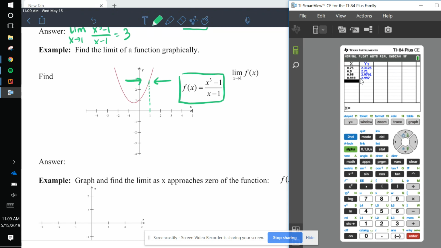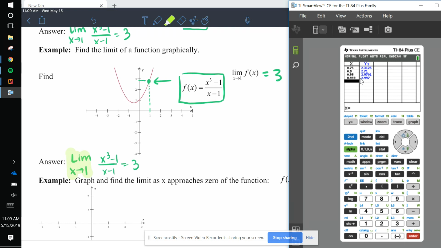Well, it looks like we're getting close to 3. This output right here is getting close to 3. So we'd say the limit as x approaches 1 of x cubed minus 1 over x minus 1 is equal to 3.